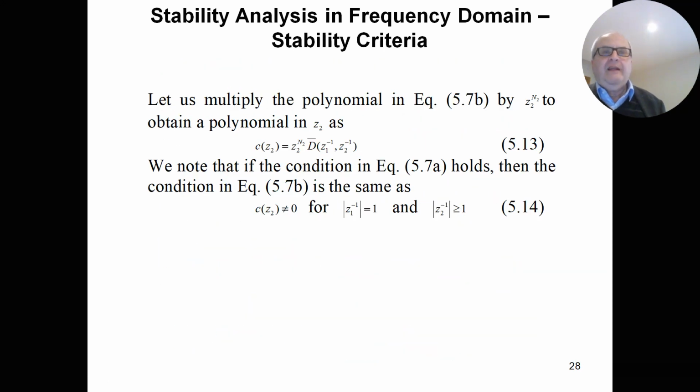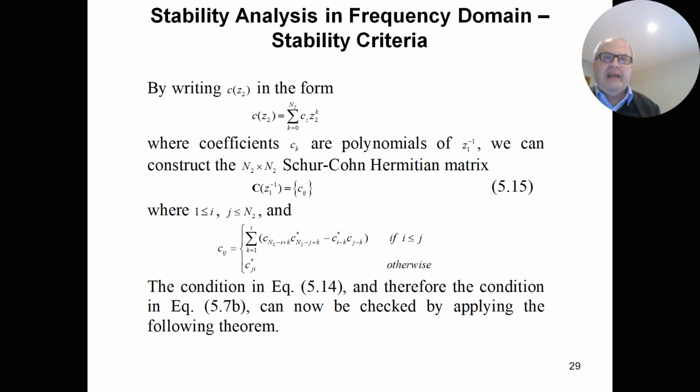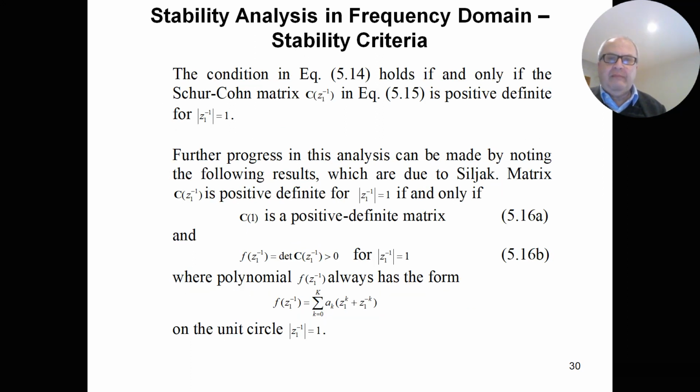If we take this into account, then it is easy to find the Schur-Cohn Hermitian matrix. Here we can find the Schur-Cohn Hermitian matrix, and we can have this theorem. The condition in equation 5.14 holds if and only if the Schur-Cohn matrix C(Z1) in equation 5.15 is positive definite.